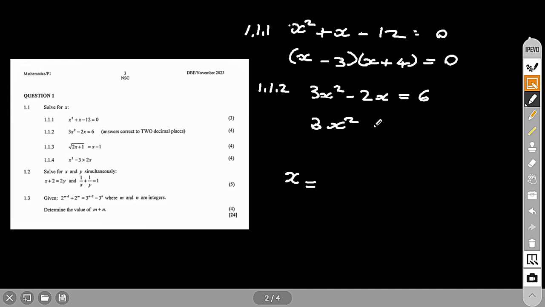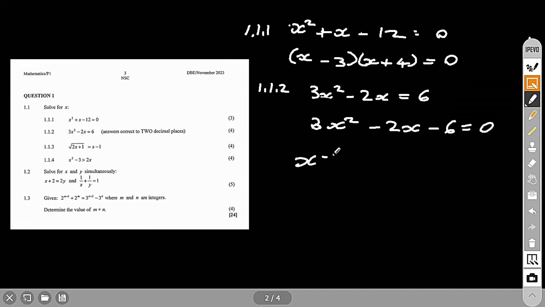Here, 3x squared minus 2x is positive. When you bring the 6 outside, it's negative 6 equals 0. So yeah, now we can write our quadratic formula. Then you substitute.